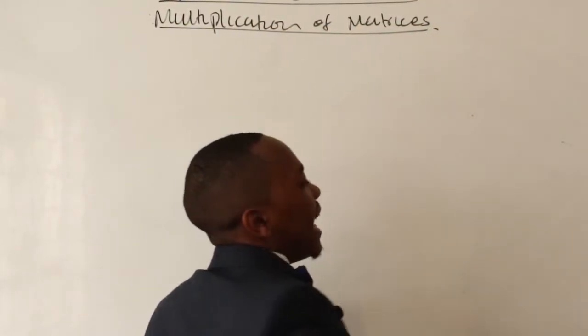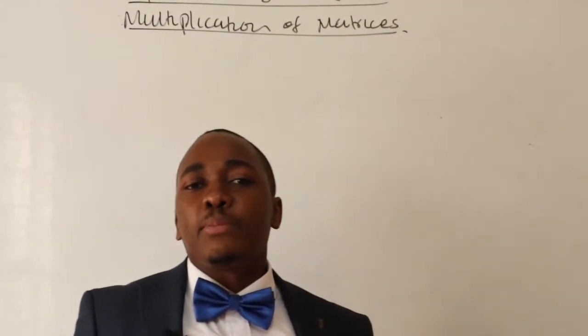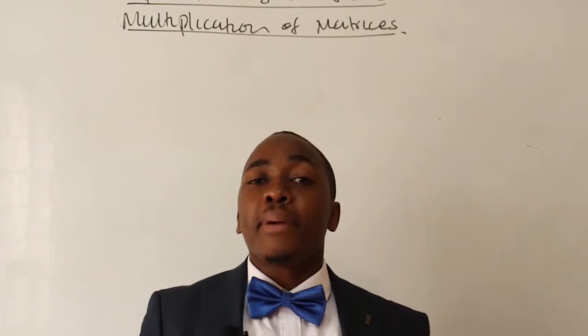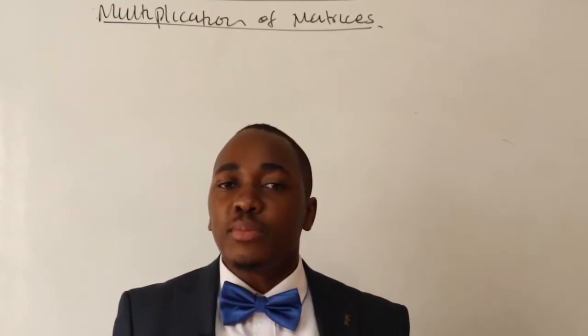Multiplication of matrices. Matrices can only be multiplied if they are compatible. Let me repeat again, we can only multiply matrices if they are compatible. And if they are applied for commercial purposes, they must be both compatible and feasible. Feasible means that they make economic sense. What do we mean by compatibility?